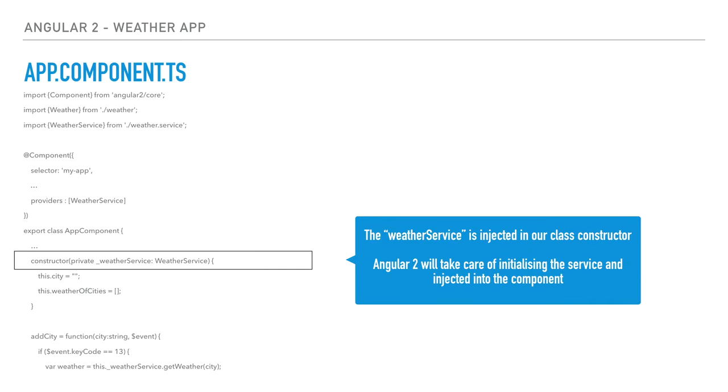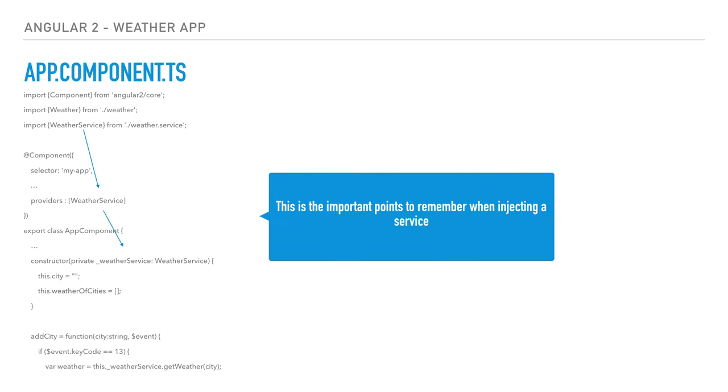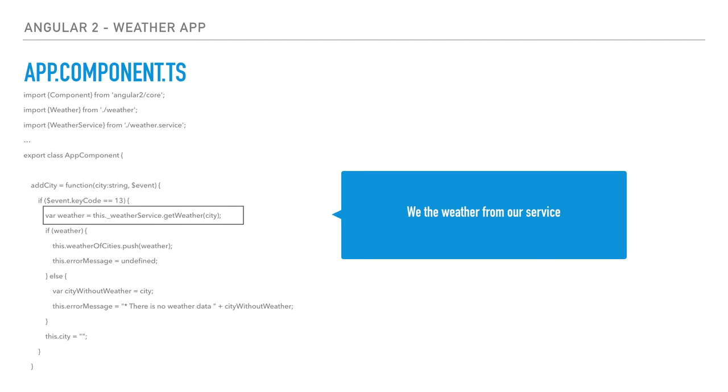This is super important too. We have to tell our class to receive the weather service as a parameter in the constructor. Angular will take care of injecting this value. And this is the flow that will happen. Then we can use the weather service in our methods like this.weatherService.getWeather, and we pass the city.